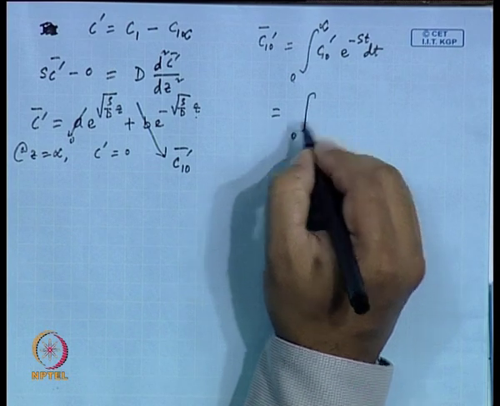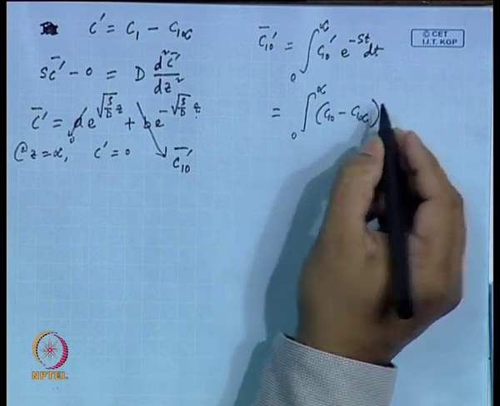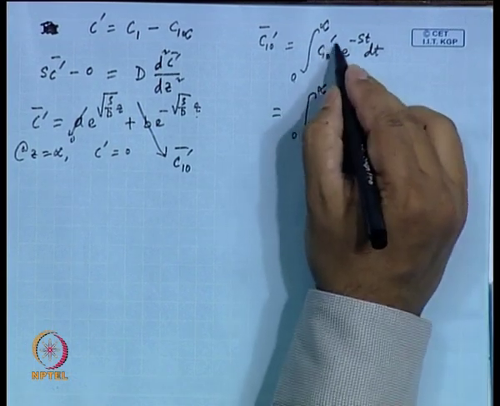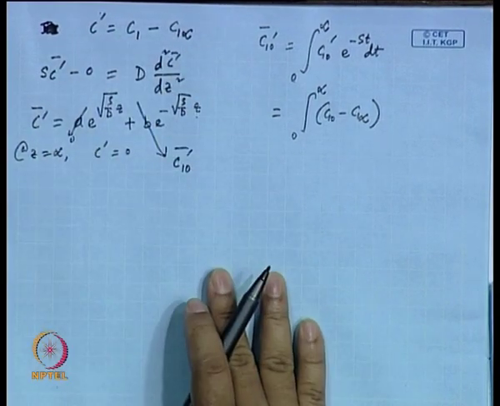So, you can write this as 0 to infinity C1 0 minus C1 infinity, that is the definition of C1 0 prime, because this prime is basically the deviation variable, that is how we have defined it here.